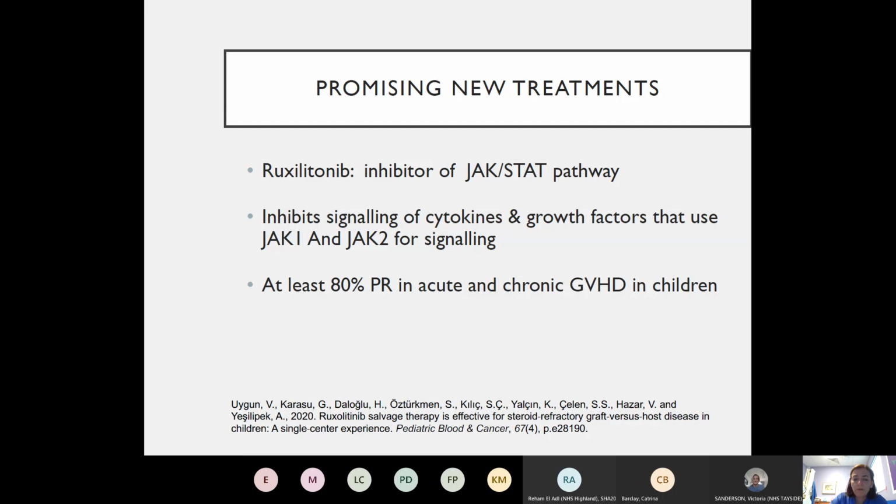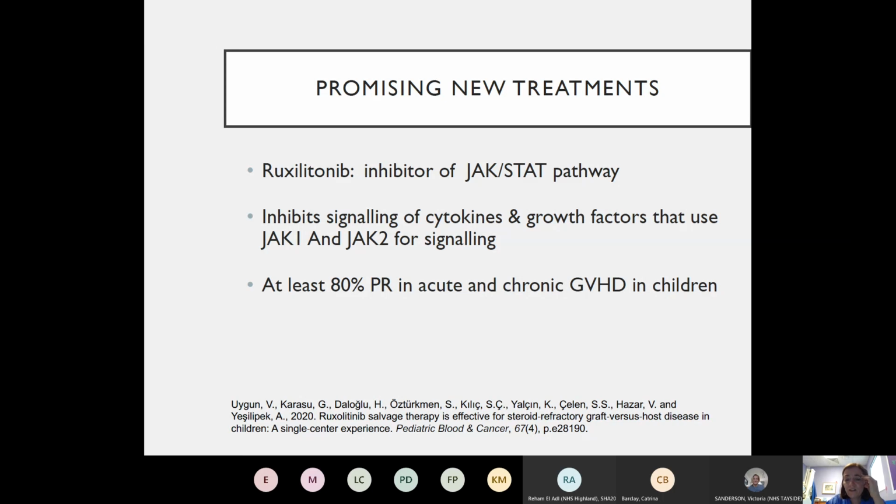And in this paper referred to below, it's reporting at least 80% partial responses in acute and chronic GVHD in children. So this is a very exciting development because it's an orally active drug, and it can cause cytopenias and it can cause deranged LFTs, but we're seeing it as a well-tolerated drug.